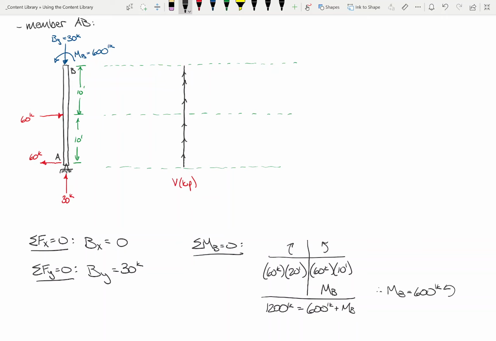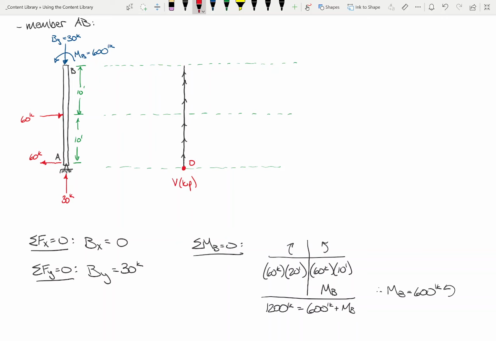So the way that this will work is you'll just say, okay, I'm going to start at 0, and then somebody tell me what to do. What were you going to say? 60 kips to the left, right? Because a shear diagram, yeah, we're using the letter V for vertical, but really what it is is a transverse force.